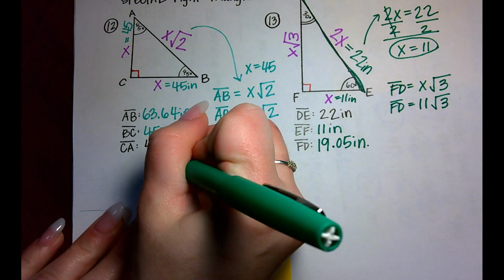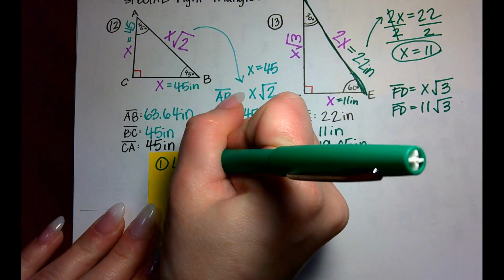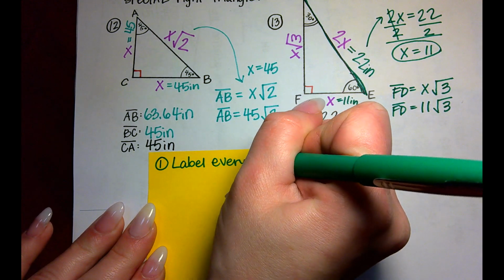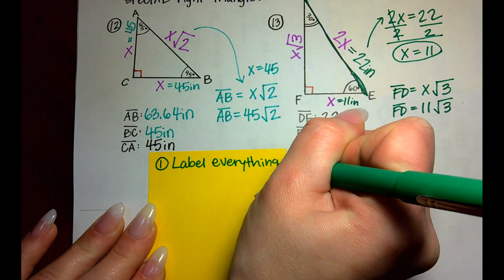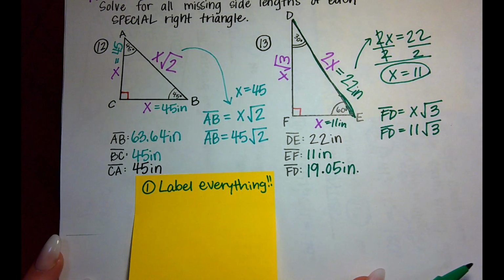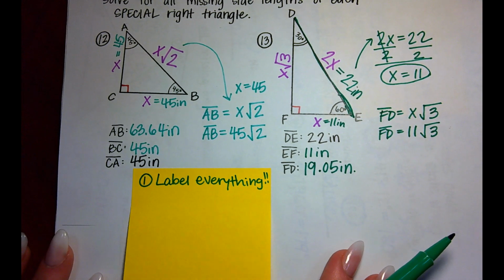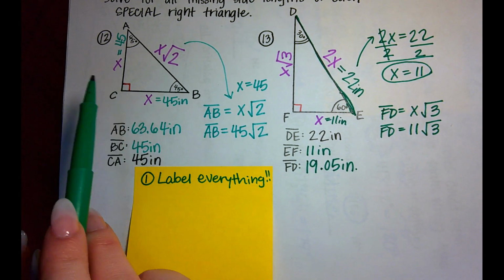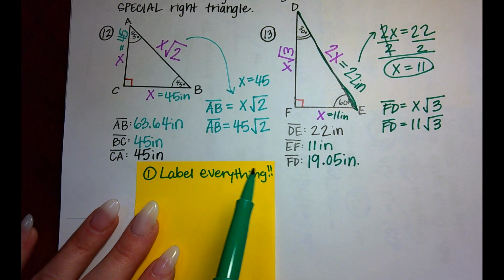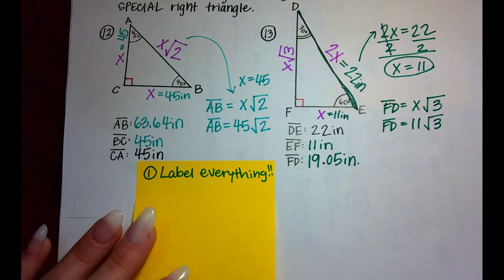So number 1, label absolutely everything. The first thing you'll want to label is your x values, which you have on this practice quiz. You'll be able to use this on the quiz. Don't mix your triangles up, okay? Label everything. You want to start by putting your x's on there.